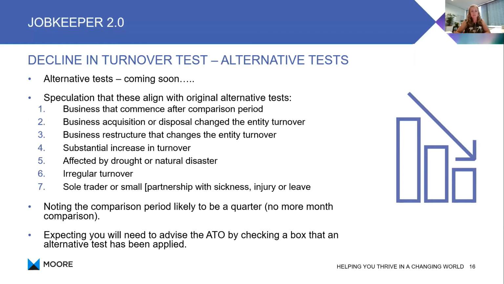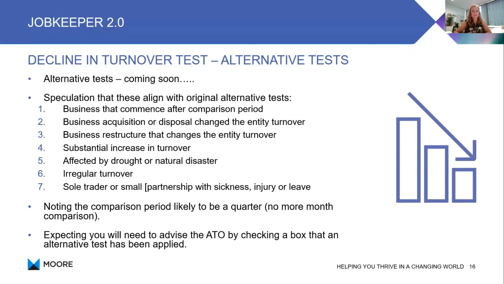Well, this gives you a different period to compare your quarter results, so your September quarter results this year, for example, against a different period than September last year. When you retest for December, you've got your December quarter this year's results, and if you qualify, you stay with it. If you don't, you can look to these alternate tests.